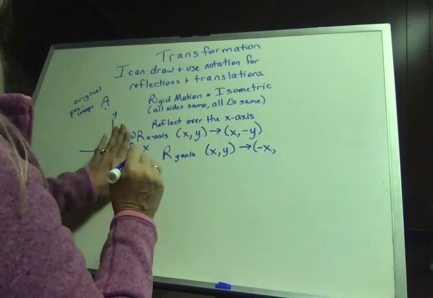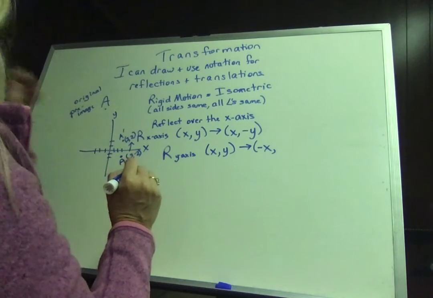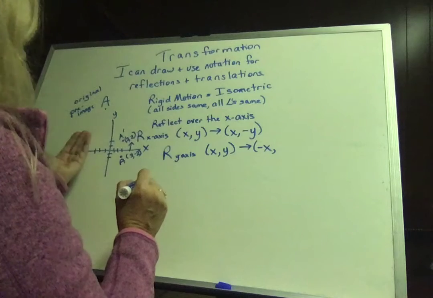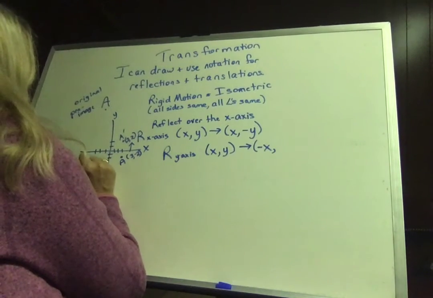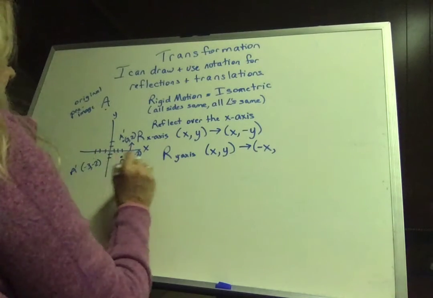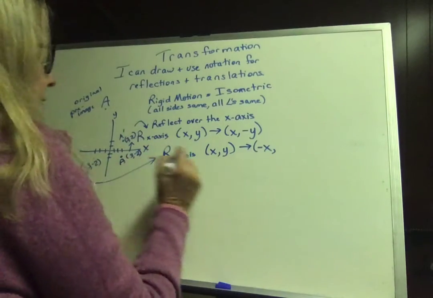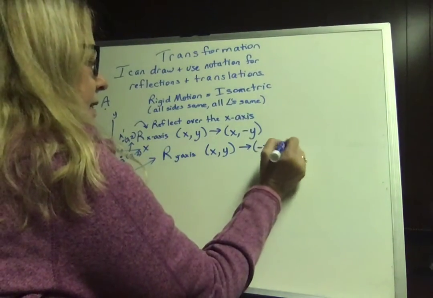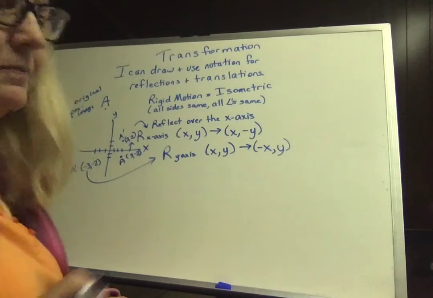So when it flips over the y-axis, it's still down 2, isn't it? Negative 3, negative 2. This time our A prime was opposite x and the same y.